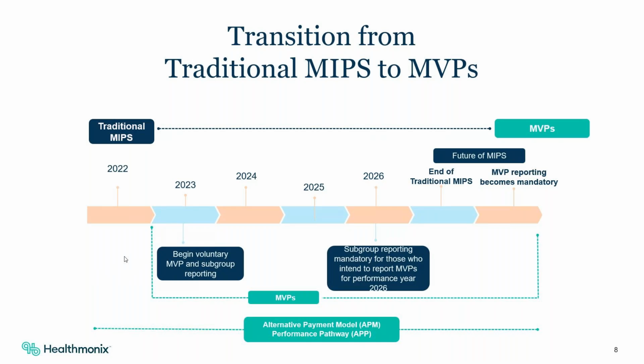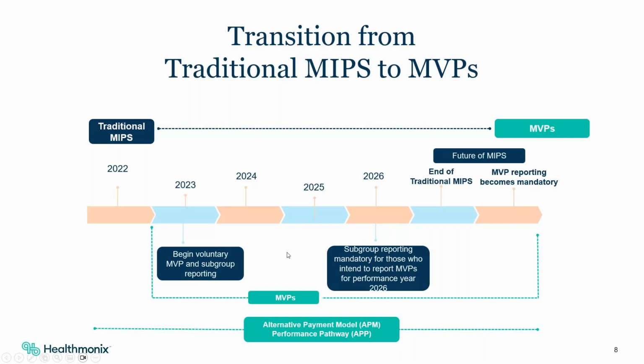We had a number of groups report through us in 2023 to kind of get started. In 2024, we have even more groups reporting MVPs. Now we're getting into 2025, so there's not really a big difference between 23, 24, and 25. These are just introduction years to MVPs, another option for reporting.